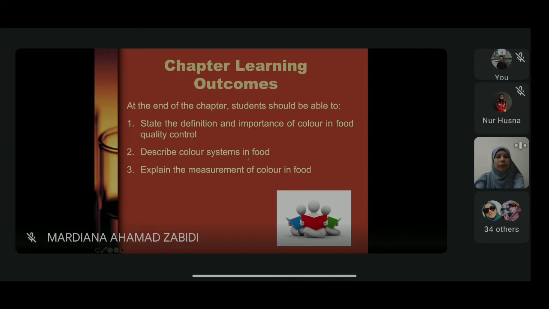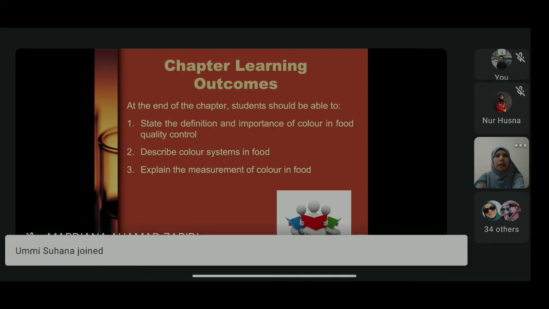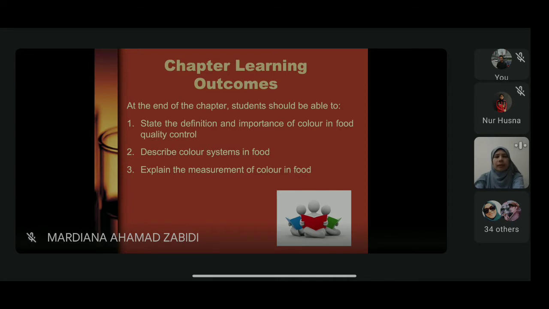We have several color systems in measuring food products. But I guess one of the methods is missed out in your lecture notes, but I will brief you a bit about that one since it is not covered in your lecture notes.